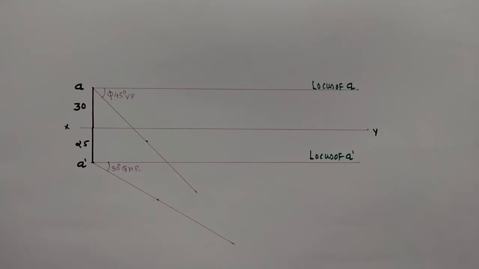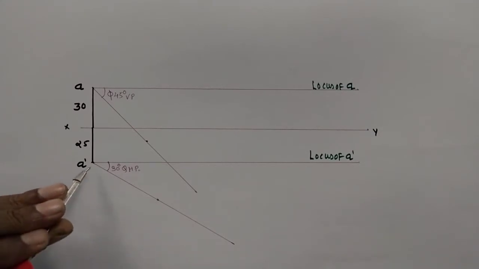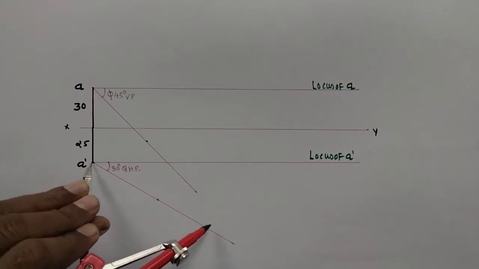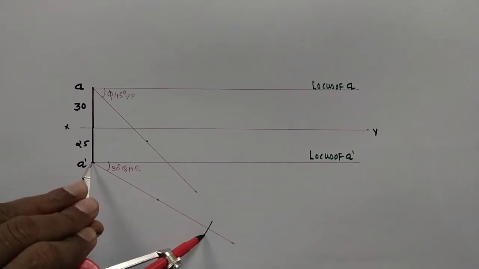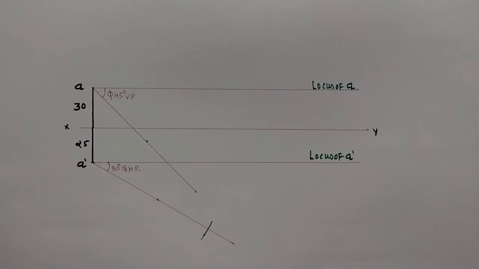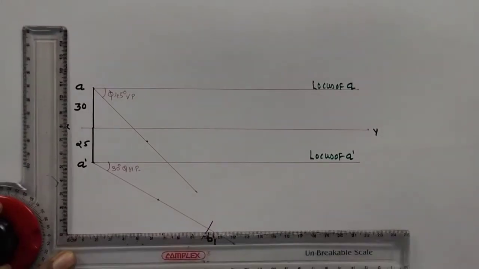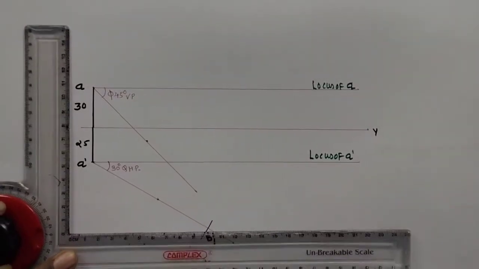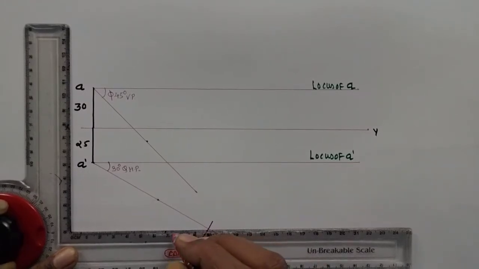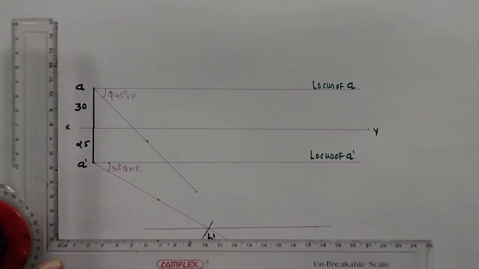For that, the true length of the line AB is given as 100 mm. So first I take A dash as center and draw the arc on the same inclination line. I mark this as my B1 dash. From this B1 dash, we can draw the locus of B dash.